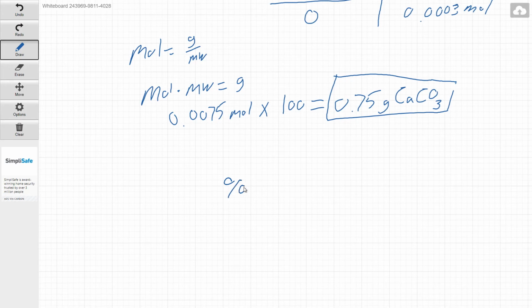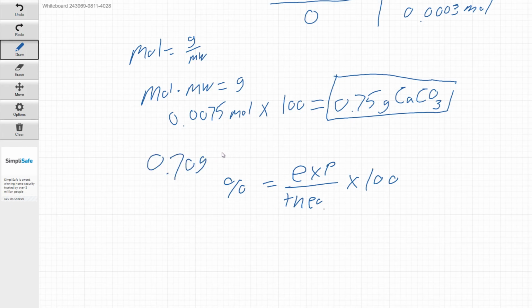So percent yield in this case is going to equal our experimental over our theoretical times 100. So this would be our theoretical. Let's say we did this experiment exactly like we said up top, and we only ended up with 0.70 grams. We'll call that experimental.